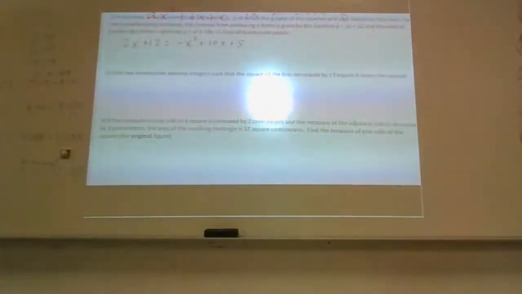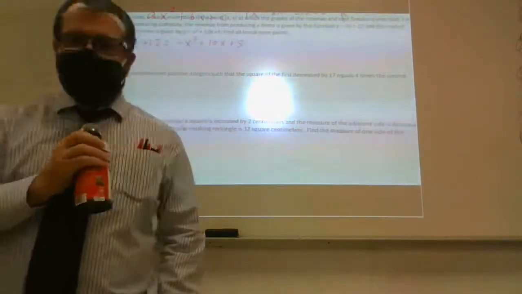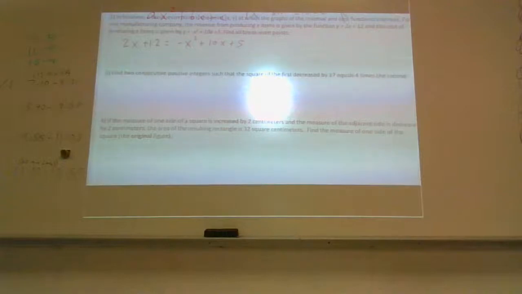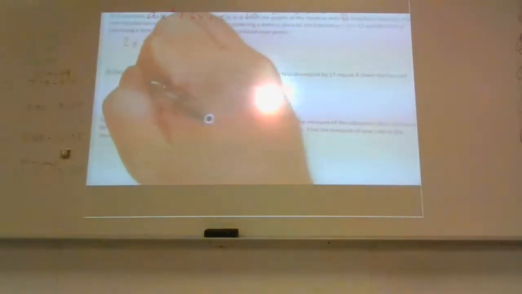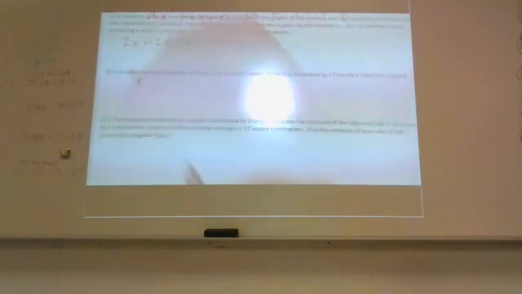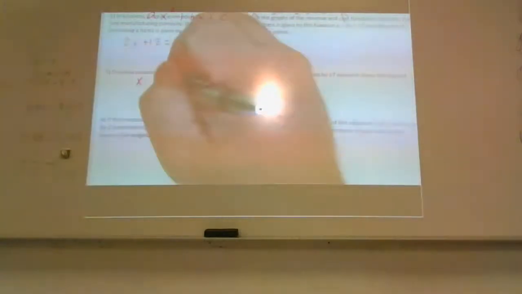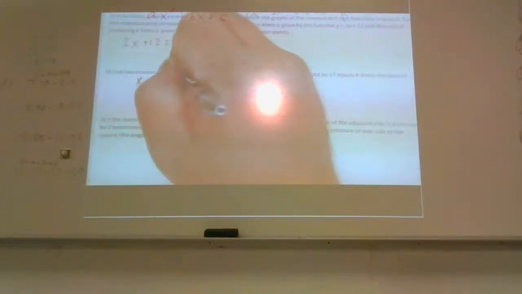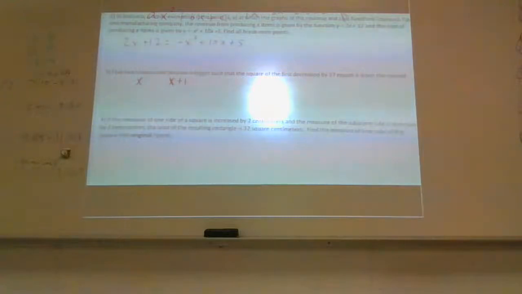There are 2 unknowns, the 2 integers they are questioning us about. Find 2 consecutive positive integers. Don't worry about the positive for now. Just worry about the 2 consecutive integers. Here is a strategy you can employ: call the 2 consecutive integers x and x plus 1.